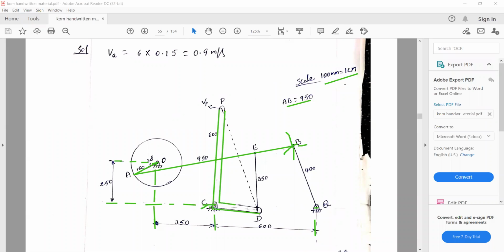The length is 6.06 centimeters, and an angle assumption of 100 degrees is taken here. Then simply draw the L-shaped link.